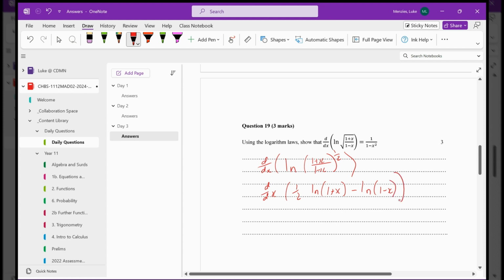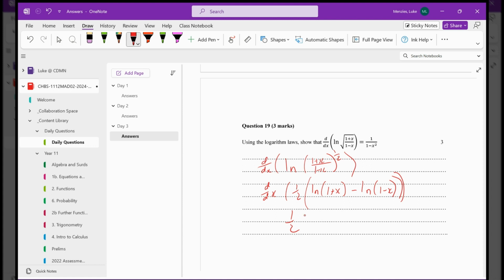And now I'll differentiate. And don't forget that half is just out the front of everything, by the way.